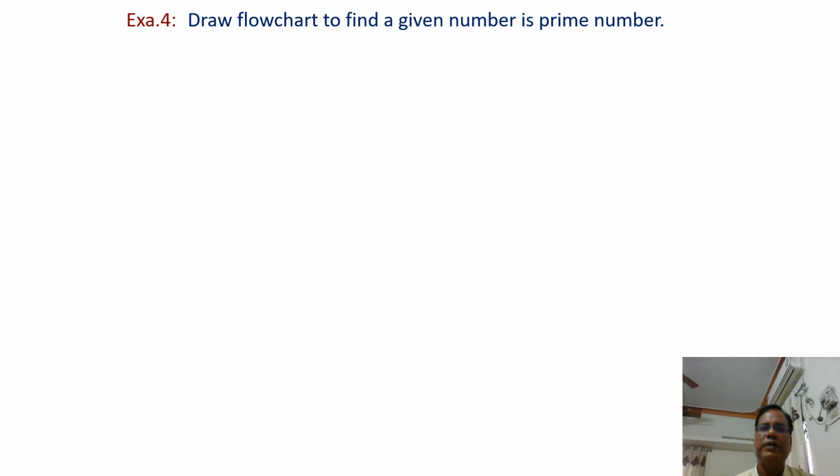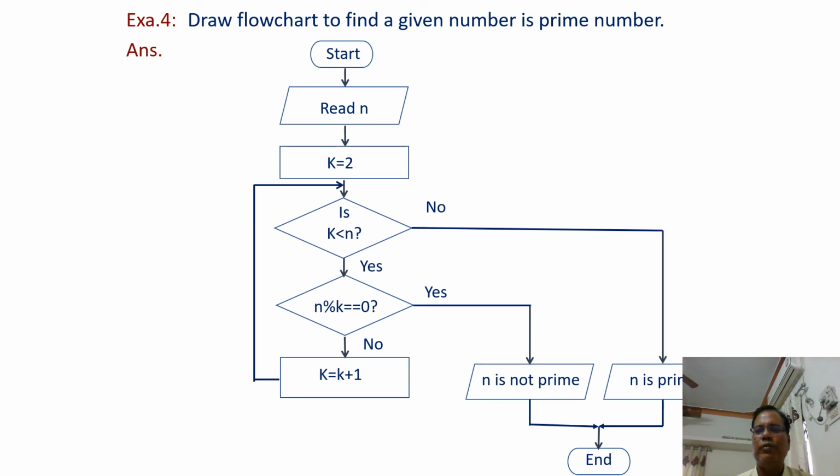Let us see another example. In this example, we have to draw a flowchart to find whether a given number is a prime number. So a flowchart is like this one. In this flowchart, we read the number, then we initialize the variable k to 2 and check whether k is less than the entered number.